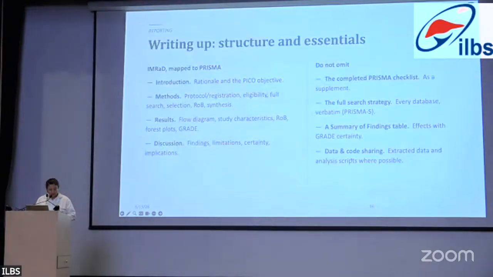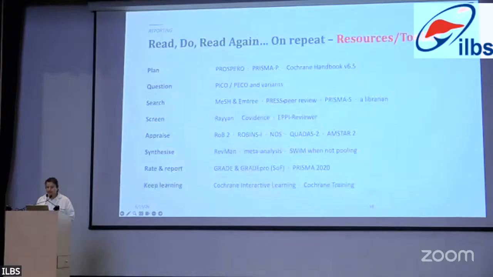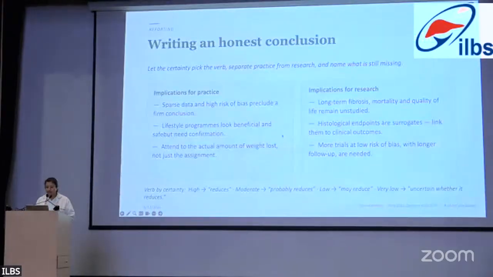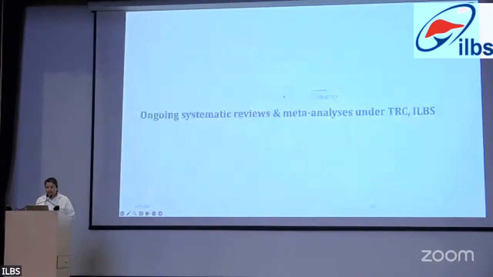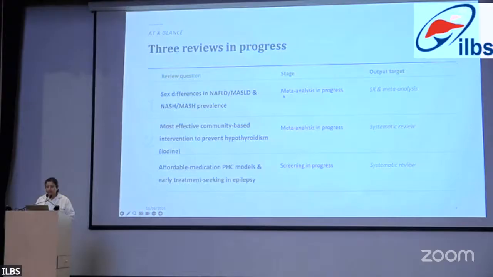Just 2 more minutes on writing up how you write the systematic review, and these are the common pitfalls. These are the resources and toolkits. Again, there are a lot of software tools for each level of conducting a systematic review or meta-analysis, and then you write an honest conclusion.